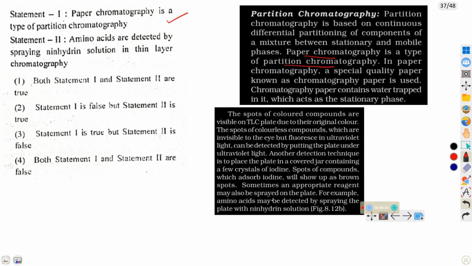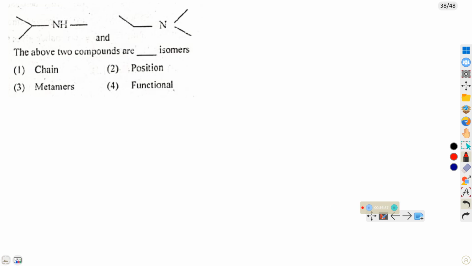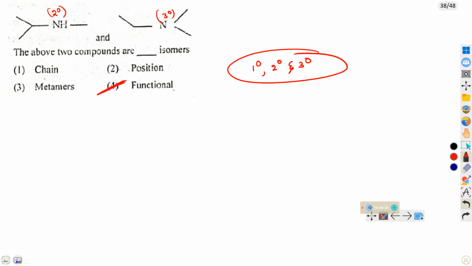Amino acids are detected by spraying the plate with ninhydrin solution in the layer of chromatography. Correct. Both the statements are correct. The above two compounds are functional type of isomers. This is 2-degree amine and this is 3-degree amine. We know that 1-degree, 2-degree and 3-degree amines are functional isomers.